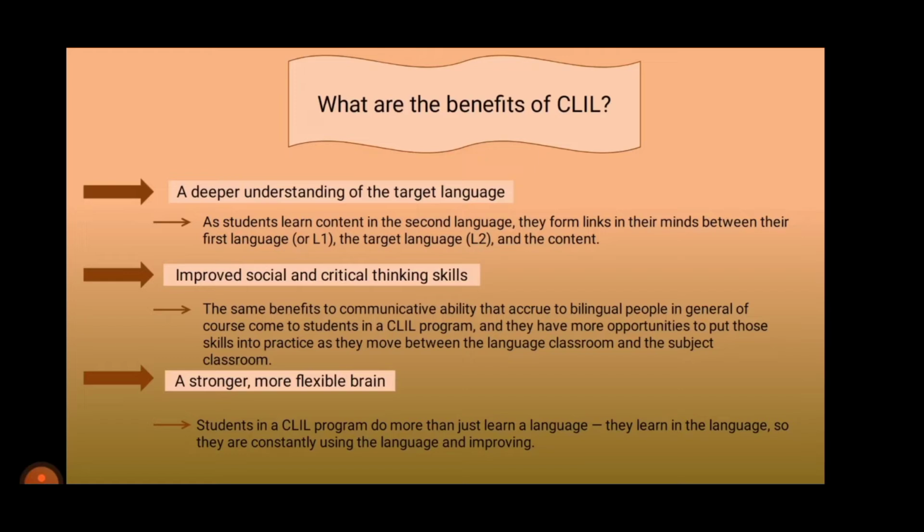So the last one, a stronger, more flexible brain. Students in a CLIL program do more than just learn a language. They learn in the language, so they are constantly using the language and improving. Flexible thinking is a very important social skill.